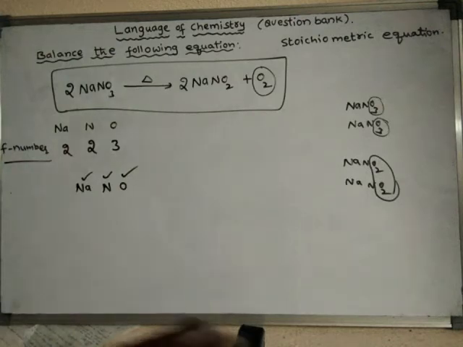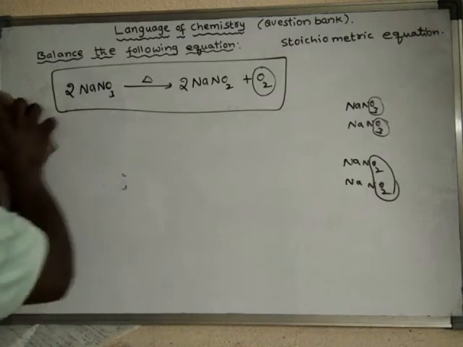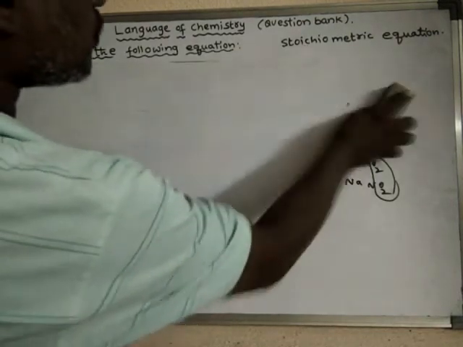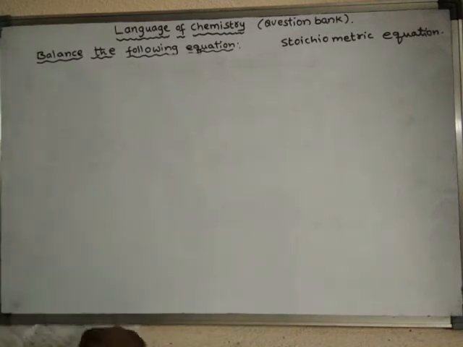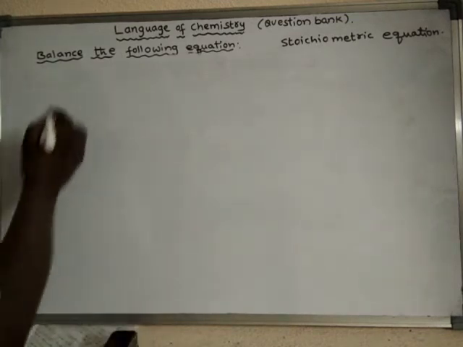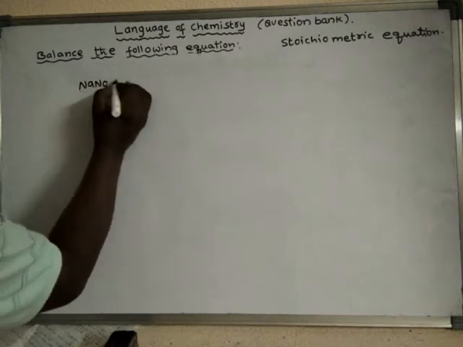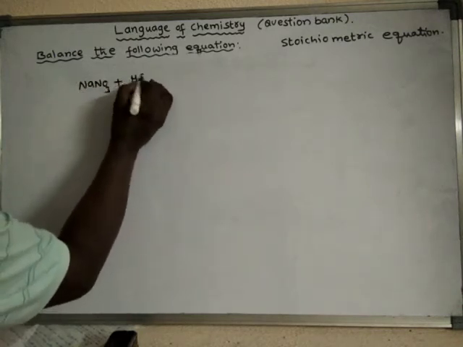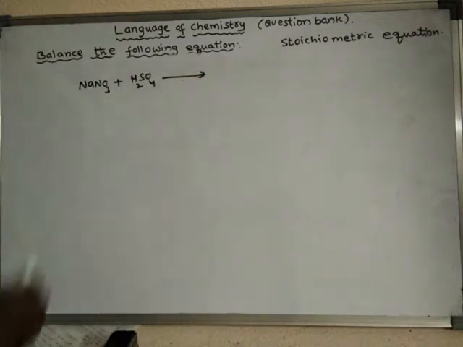Okay, right. Now we will see the balancing of another equation. Sodium nitrate plus sulfuric acid. So sodium nitrate and sulfuric acid.